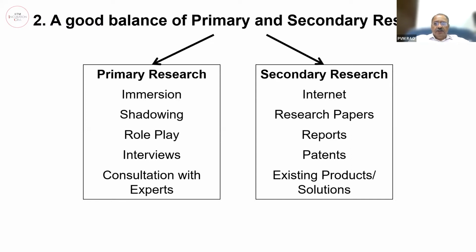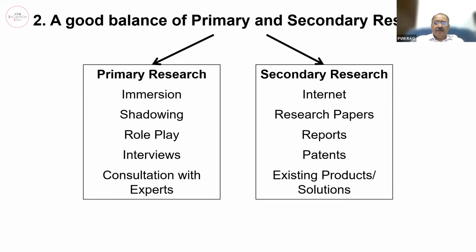One can also consult experts, such as physicians who specialize in geriatric care and who would have treated a number of elderly people over a period of time for falls. So primary research basically says: gather or feel or see the problem and information yourself, rather than seeing it from other sources, which is like secondary research.